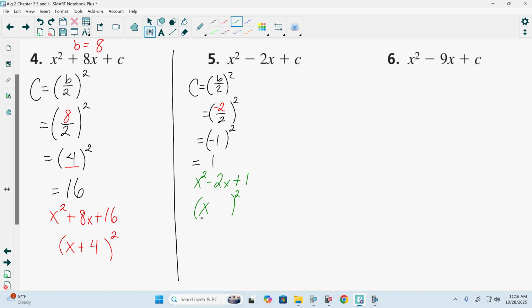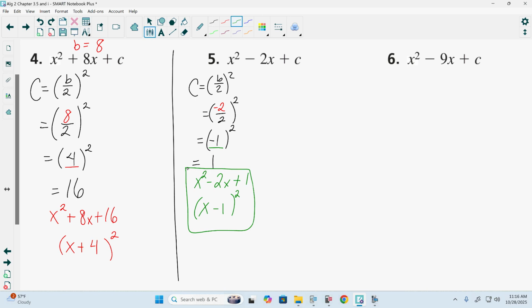Now we would need to factor x squared minus 2x plus 1, and we could do the method that we've been doing for factoring: two sets of parentheses with 3 spaces. Signs are the same, work through that whole thing here, but it works out that the number that goes inside here is the same as the number before we squared it to find c, which is negative 1, telling us that this here, x squared minus 2x plus 1, factors to x minus 1 squared.